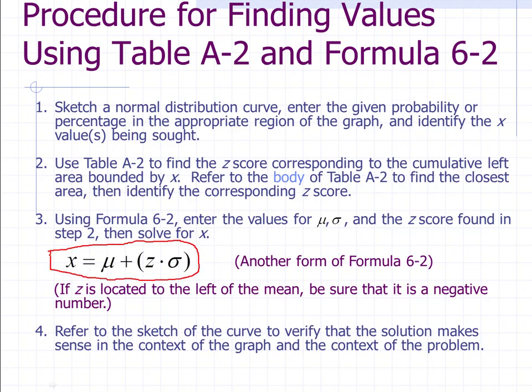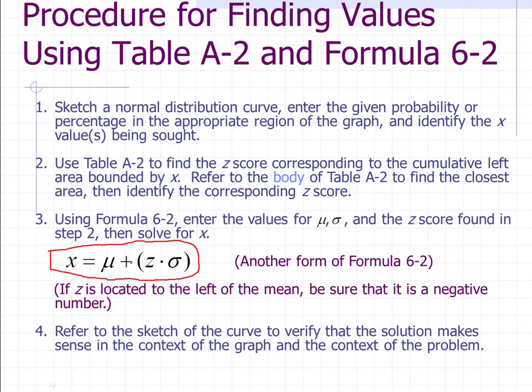So all this is our standard z-score formula solved for x using a little bit of algebra.